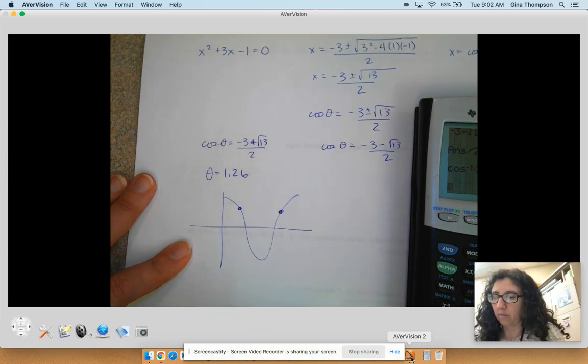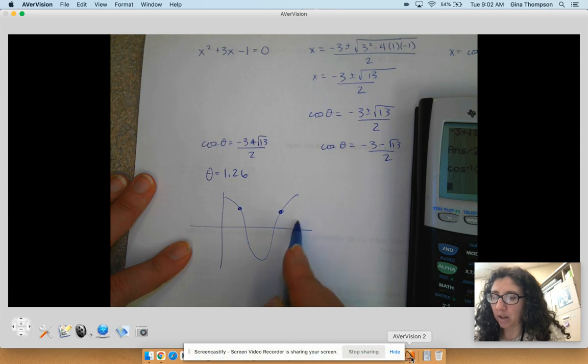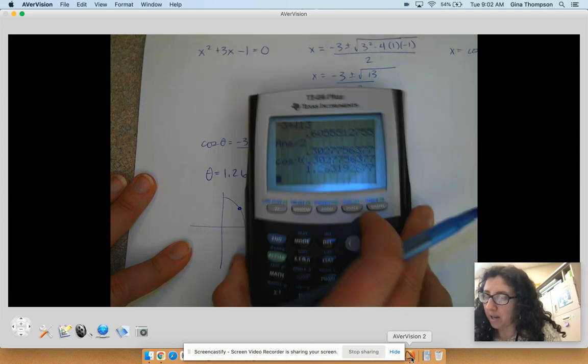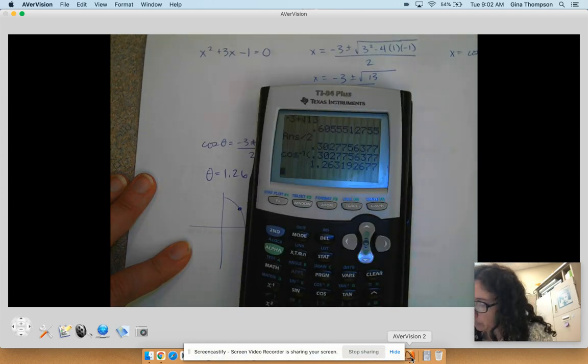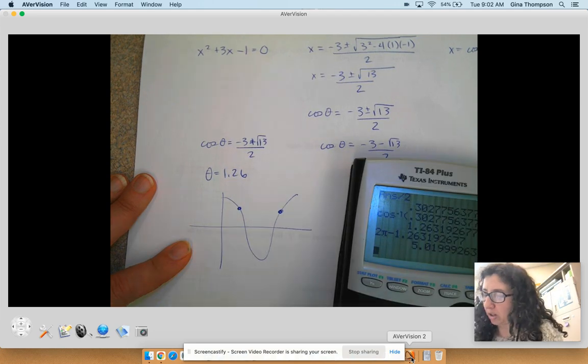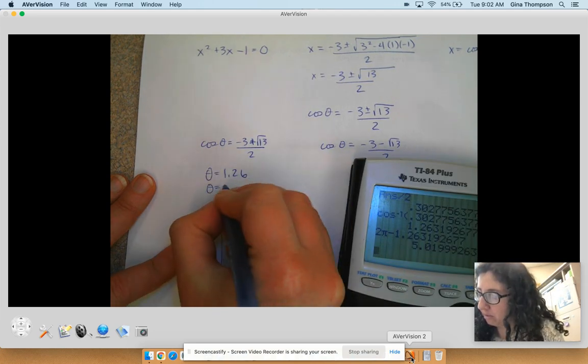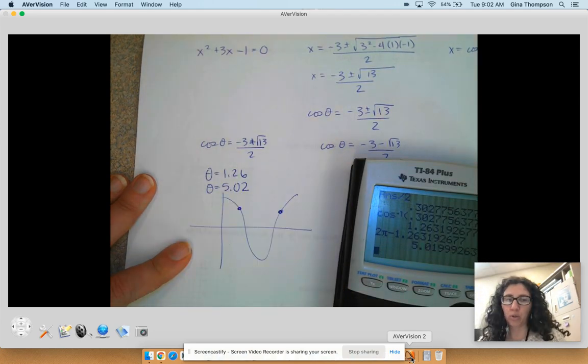Well, if this is 1.26, the second is going to be 2 pi minus 1.26. There's my second solution, 5.02, for this equation.